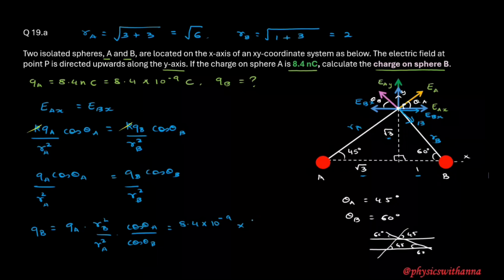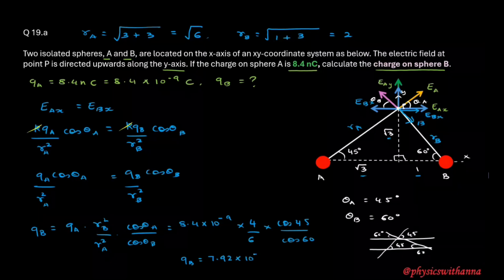RB is 2, so square of 2 will be 4. RA is root 6, square of that will be 6 into cosine 45 over cosine 60. So that gives you the value of QB to be 7.92 times 10 to the power negative 9 coulomb, or you can write this as 7.92 nanocoulomb.